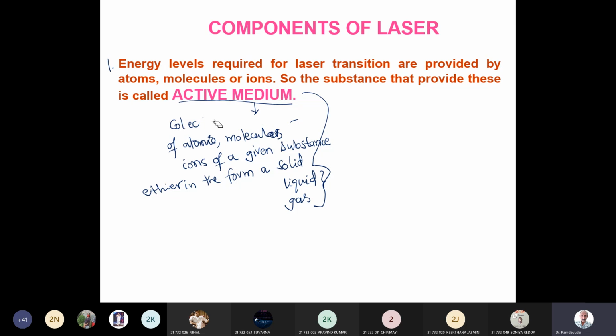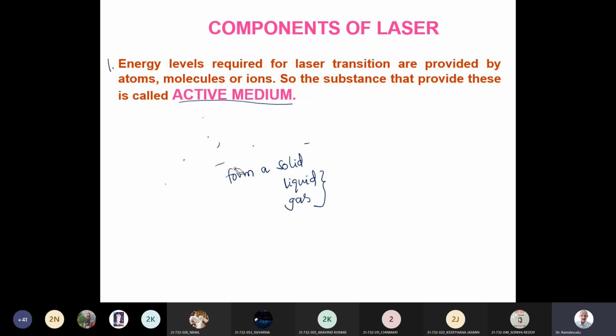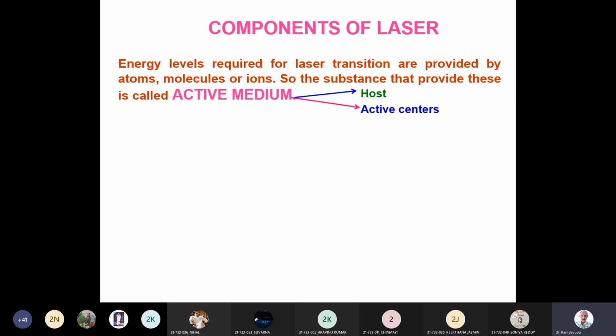Now we look at the active medium, which is generally of two categories. The active medium is divided into two parts. One we call the host, the other is called the active centers. The host will be some substance, maybe a solid, where we have some atoms, and these atoms we call the host.